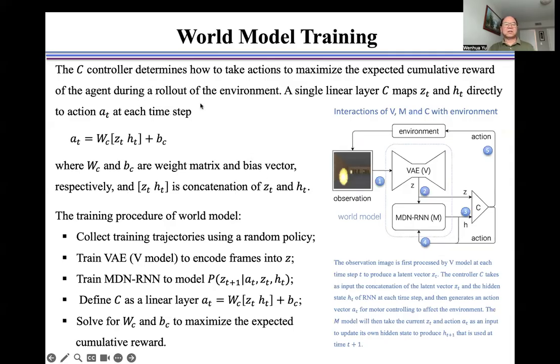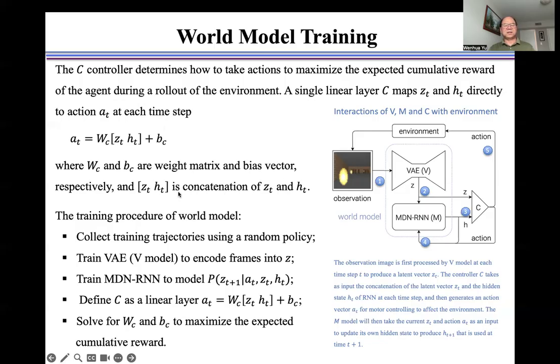The C controller determines how to take actions to maximize the expected cumulative reward of the agent during a rollout of the environment. A single linear layer C maps ZT and HT directly into action AT at each time step, as shown here, where WC and BC are weight matrix and bias vector, respectively.